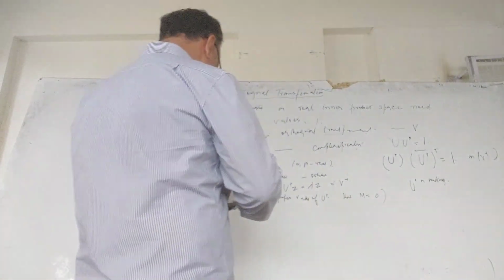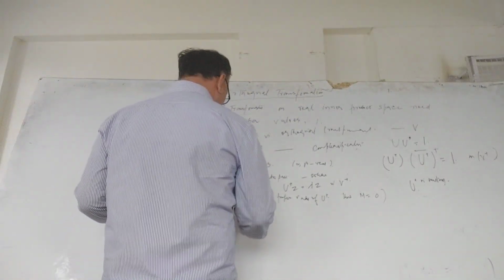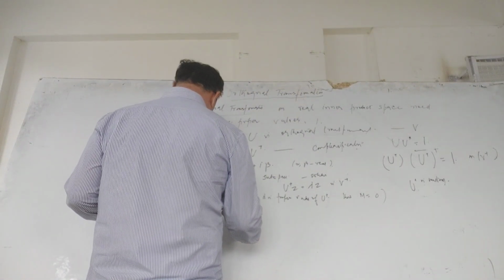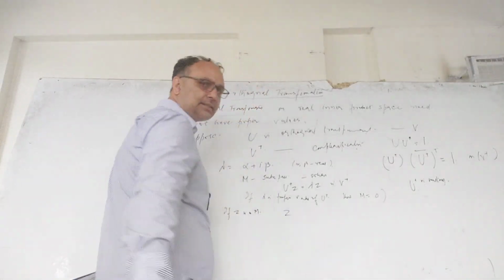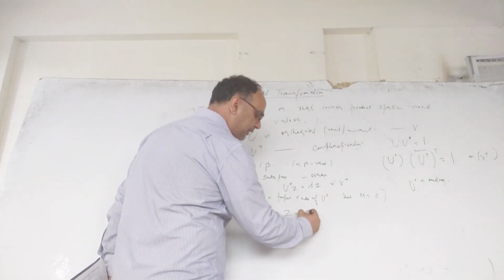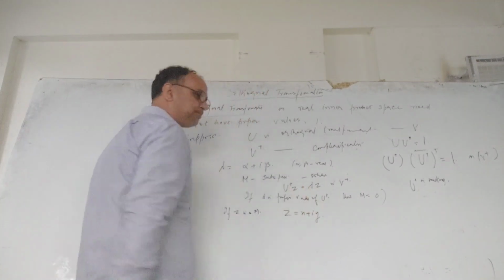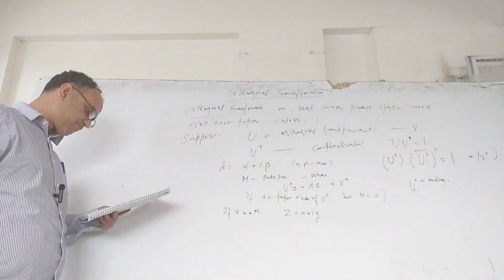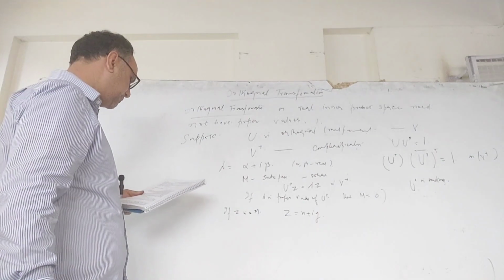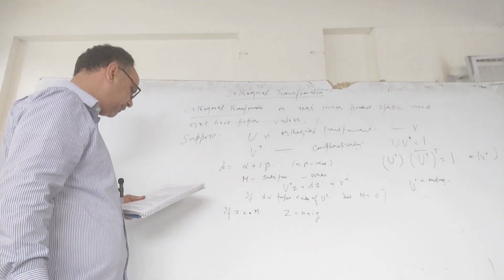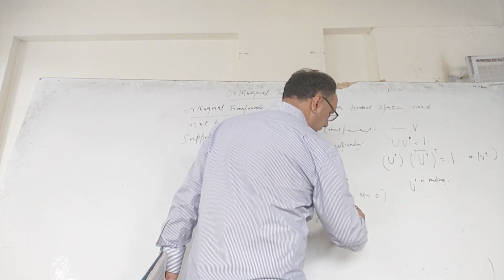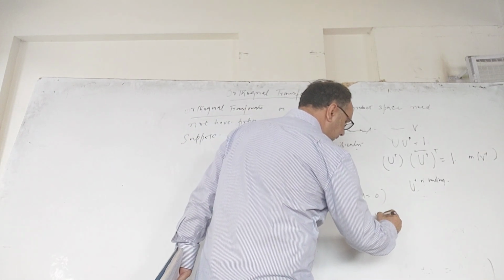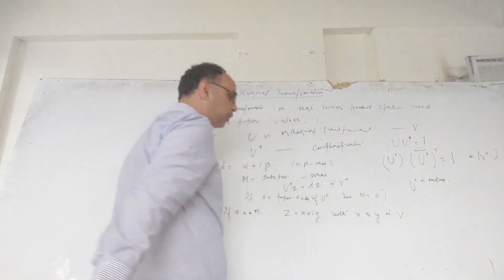But if z is in M, and we write z as x plus iota y, with x and y in the vector space V, then what will happen?